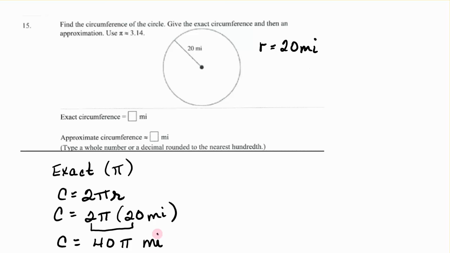That's exact. Now approximate. When we do approximate, we use 3.14 in the place of pi. So circumference is 2 pi times the radius.